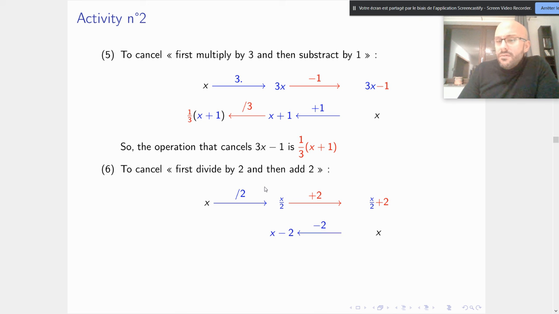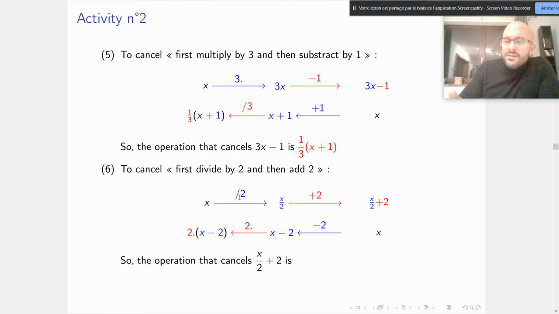Of course, minus 2. What cancels dividing by 2? Of course, multiplying by 2. So we also have to verify that the operation that cancels x over 2 plus 2 is 2 times x minus 2.